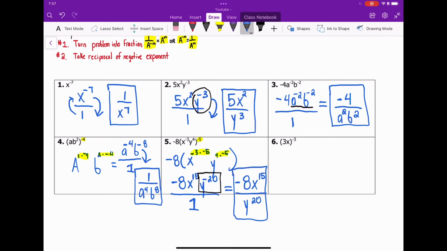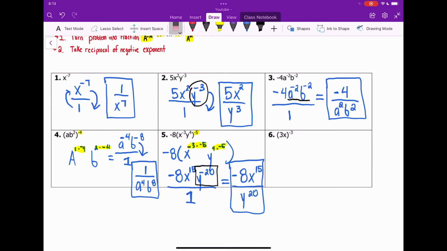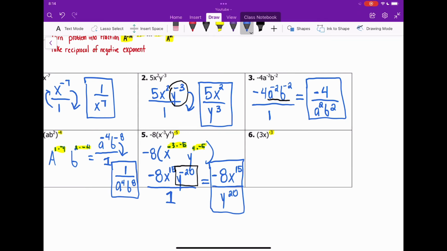So please just understand, guys, only the negative exponents, those are the only ones you're going to take the reciprocal for. So in problem number 6, guys, we have 3x and we're going to raise it all to the -3rd power. And to do this problem, we're going to break it down a little bit different from the others. So first, let's expand this. We're going to take both 3 and x and raise both of them to the -3rd power.